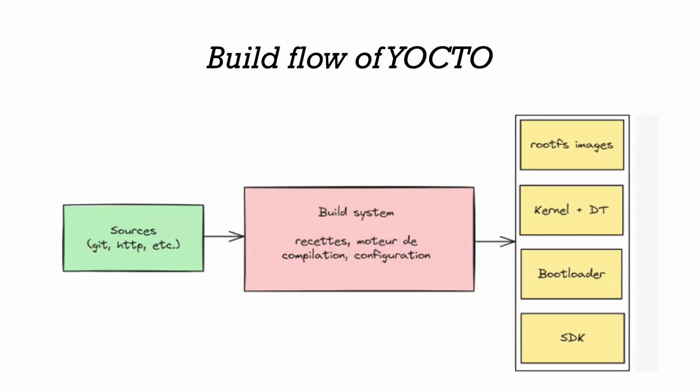If it has dependencies on any particular libraries, it will either download them, or if already downloaded, configure and build those libraries first, and then build your application or your libraries. Once the build system pulls and builds everything, it will generate four different binary components: root file systems, kernel and device trees, bootloaders, and SDK.